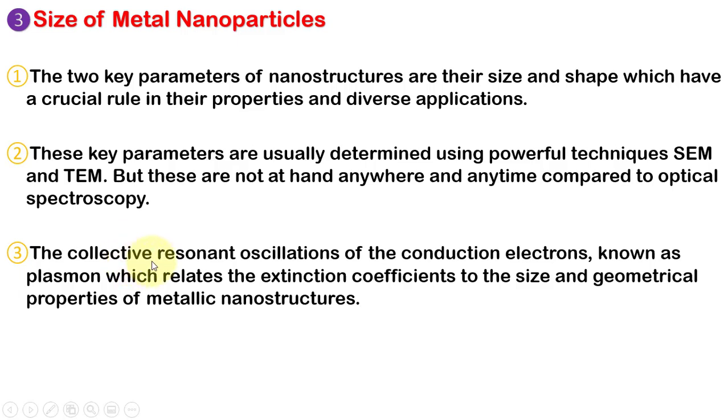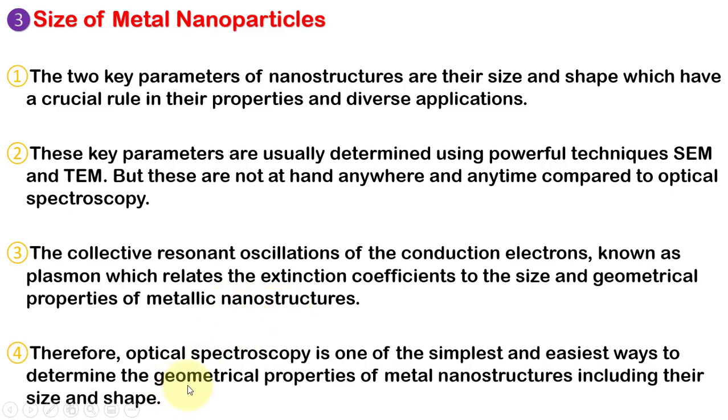The optical properties of metallic nanostructures are determined by the collective resonant oscillations of their conduction electrons with respect to the positive ion background, known as plasmon, which relates the extinction coefficient to the size and geometrical properties of metallic nanostructures.